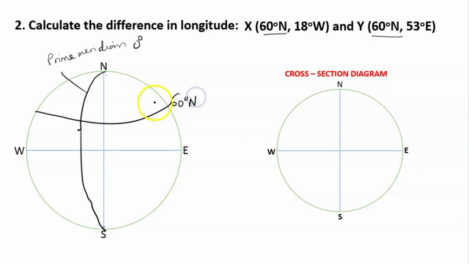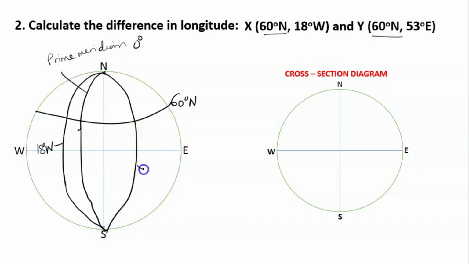Then again, I have 18 degrees west, so I can take my 18 degrees west and label it. Then we have a 53 degrees east, so let's take our 53 degrees east.